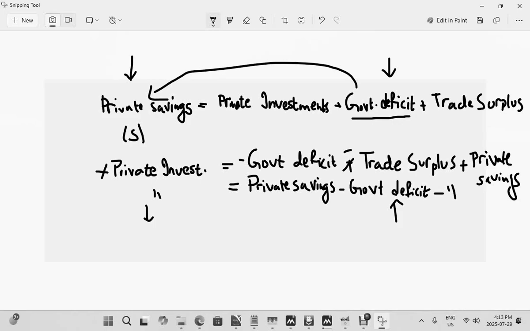As a result, your private investment will go down because there is less money for the firms to invest. As government borrows more money, firms borrow and invest less. So it's inversely proportional to government deficit.